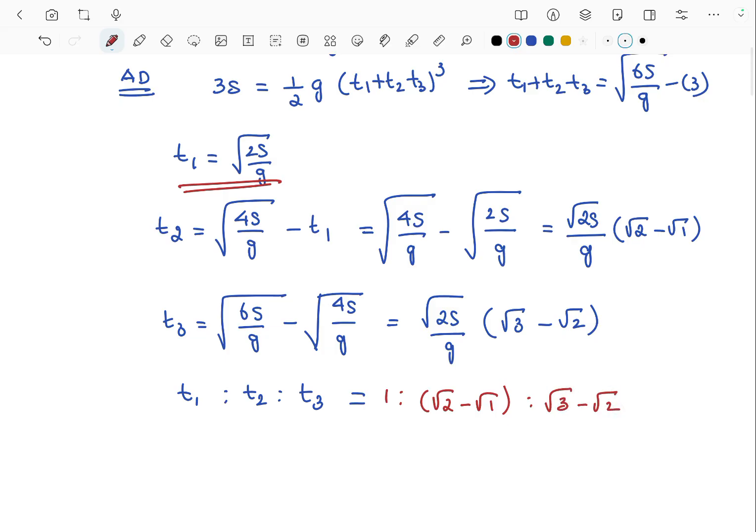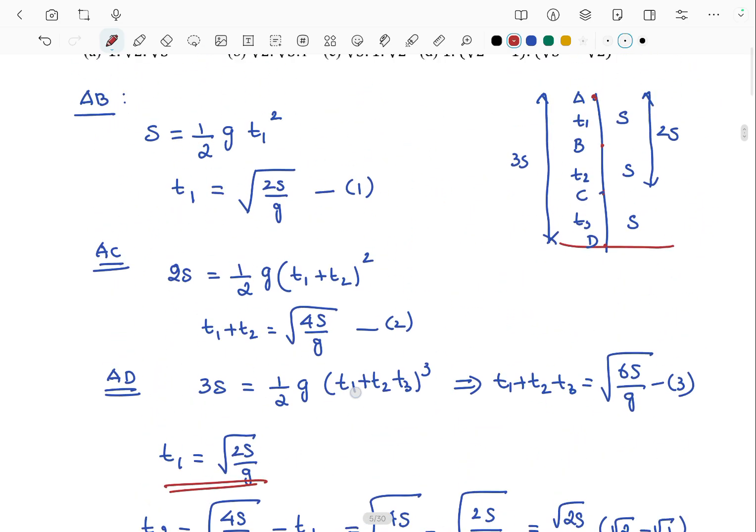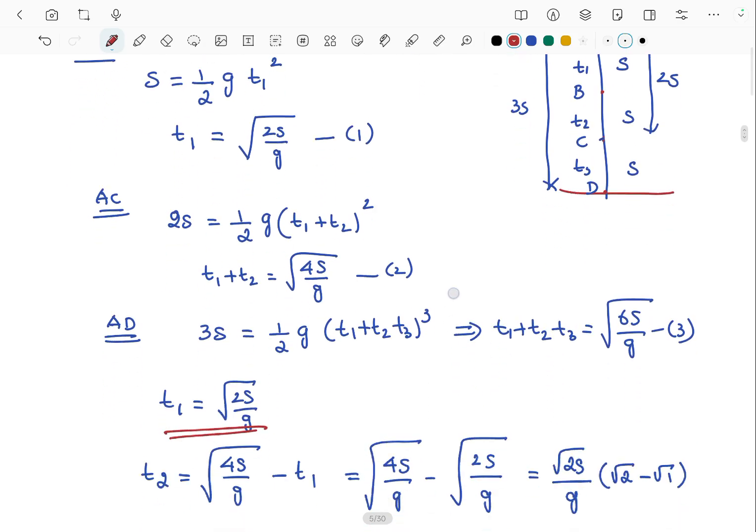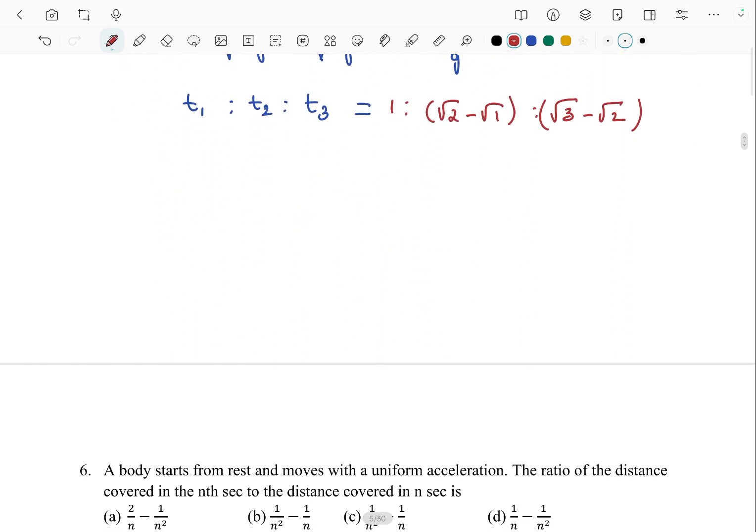So they are in this ratio, which is option D: 1 is to root 2 minus 1, root 3 minus root 2. Therefore option D is right. Let's go to the next question now.